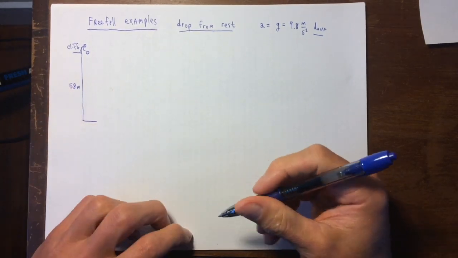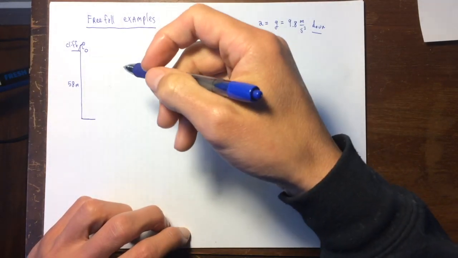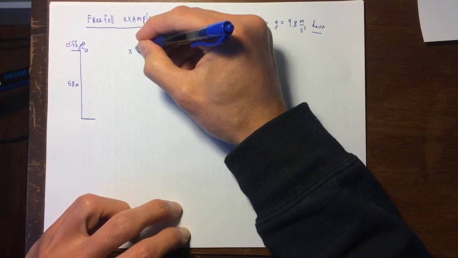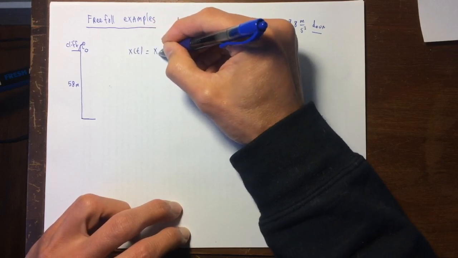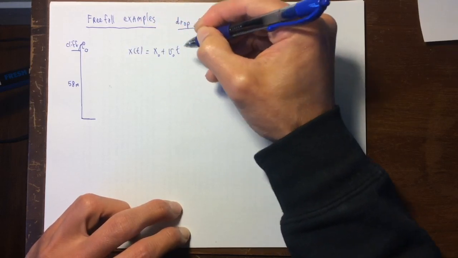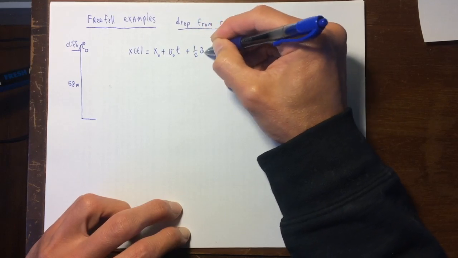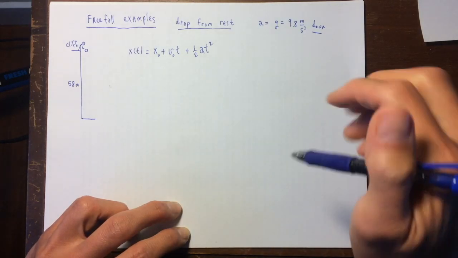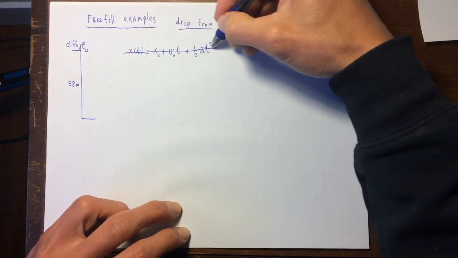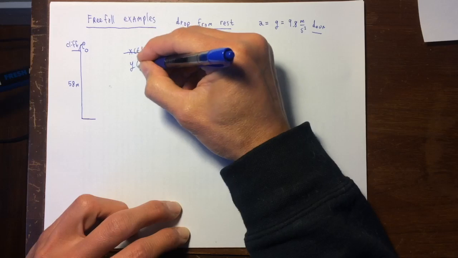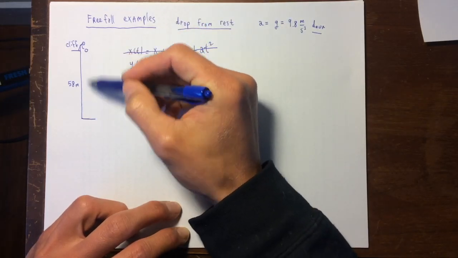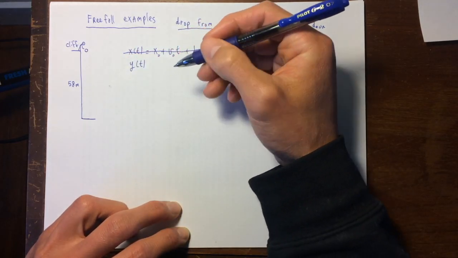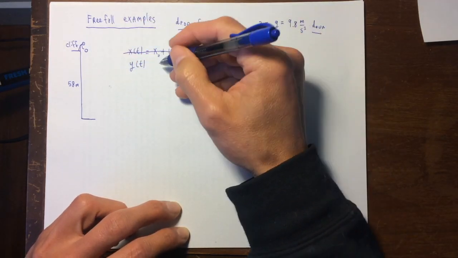People tend to say, so we're going to use x of t equals x naught plus v naught t plus 1/2 a t squared. Except I'm going to change this into something that looks more vertical, because we are talking about the up-down position and motion of this rock that gets dropped.